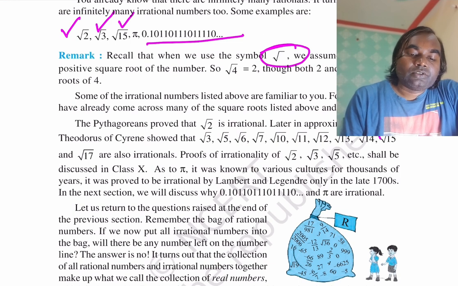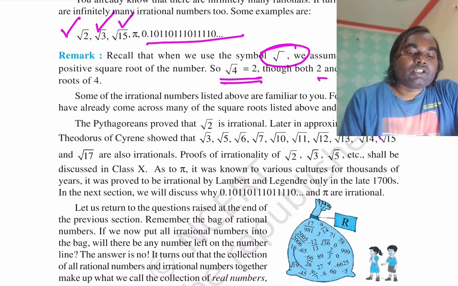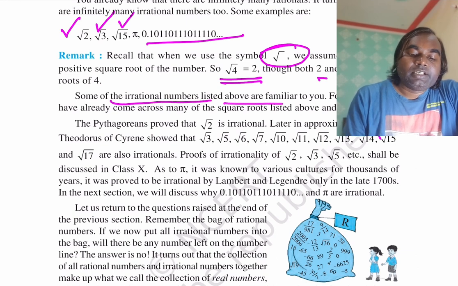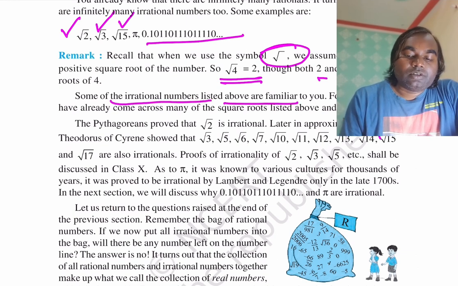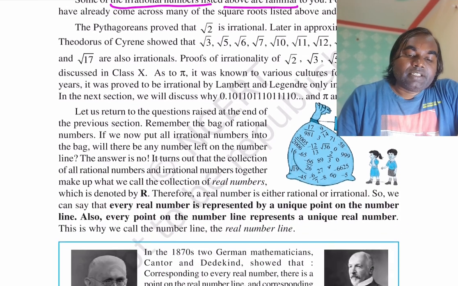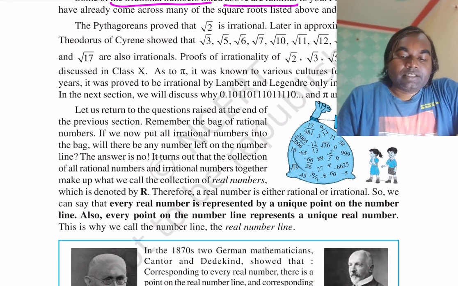If you take square root 4, there are two roots, plus and minus, but in the case of irrational numbers we are talking about the positive value only. So the caution is that you should always take the positive value, right? Some of the irrational numbers listed above are familiar to you. There is a number called pi. Pi is a very well known irrational number, and there has been a lot of research on pi.